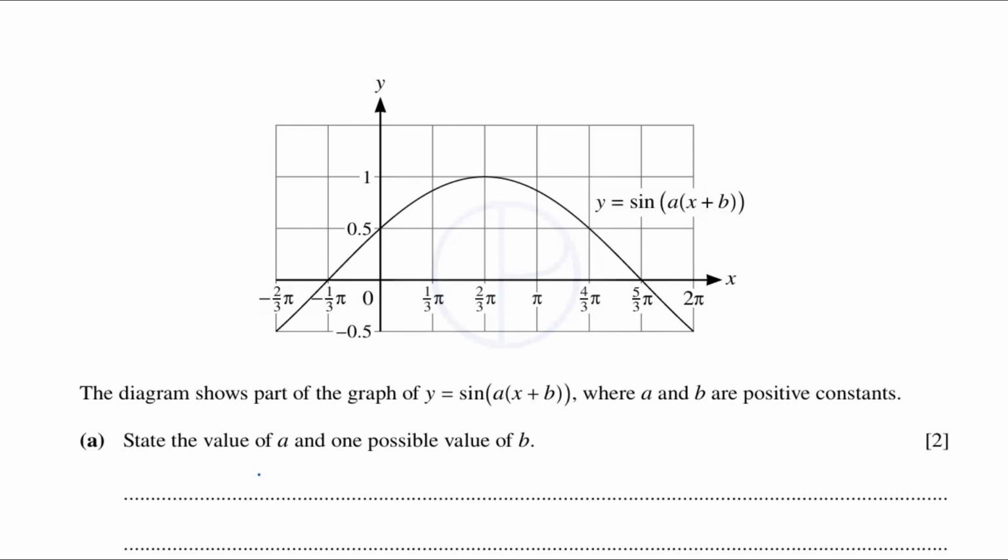State the value of a and one possible value of b. The graph represents y is equal to sine of a multiplied by x plus b, which is a transformation of the graph y is equal to sine x.